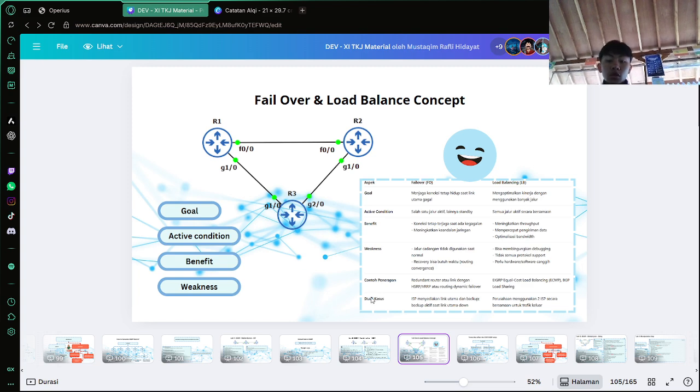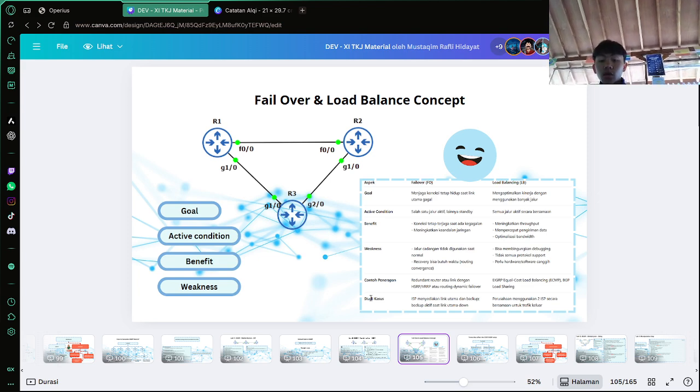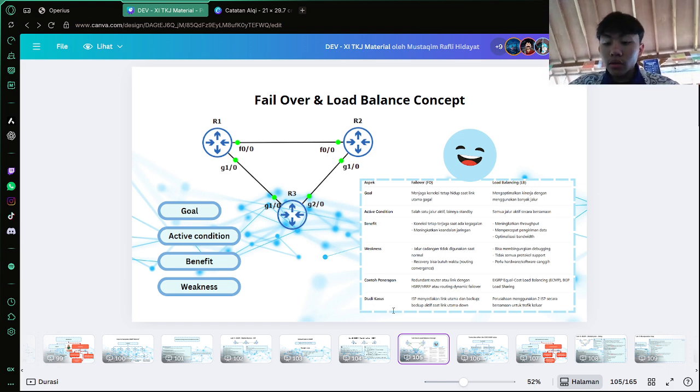The benefit of failover is network reliability and reduced downtime, and the benefit of load balancing is increased throughput and better bandwidth utilization. The weakness of failover is that the backup link is unused during normal operation, and for load balancing it is complex configuration and potential challenges.